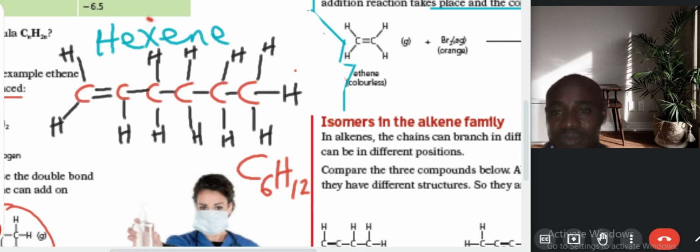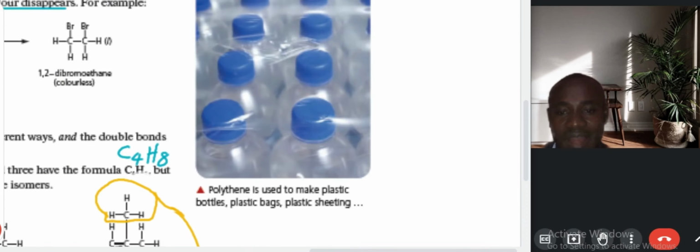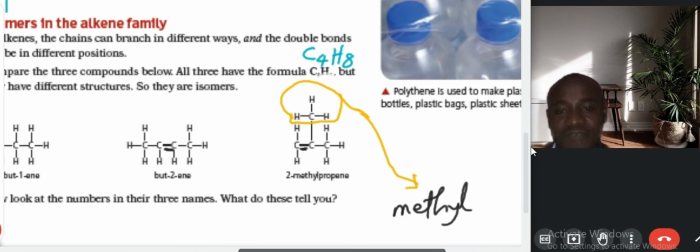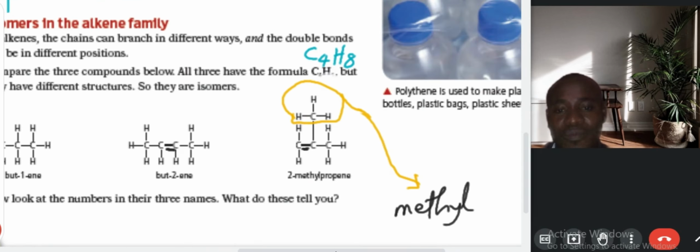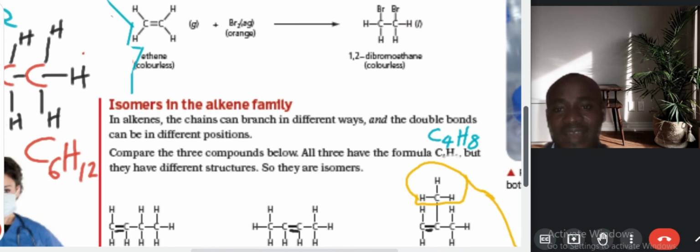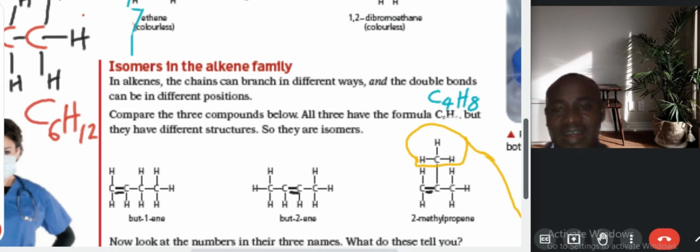That's the proper name I would have called it. If the double bond was on the second carbon, I would have called it hex-2-ene, and that would be another isomer of hexene. In fact, some organic compounds can have several isomers.